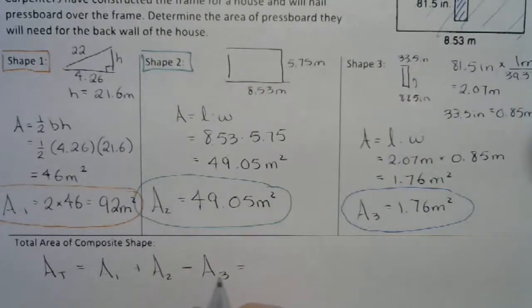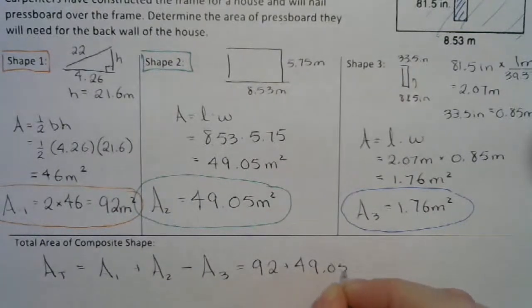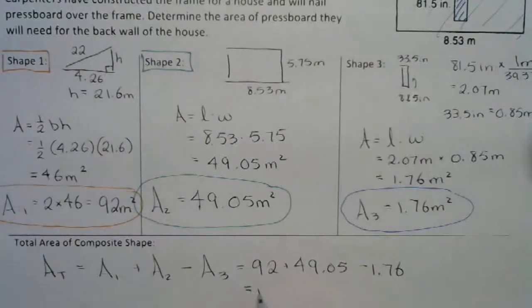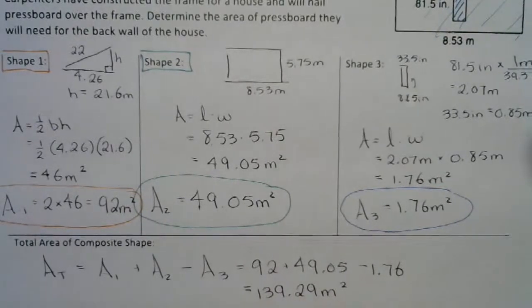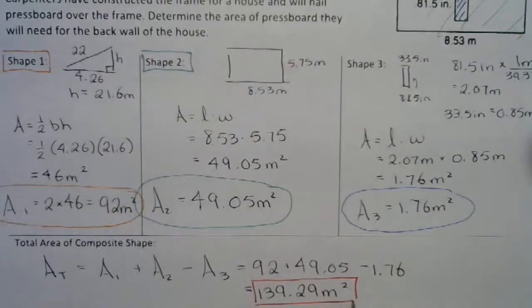We want to get rid of the area of the door. We don't need pressboard for it. It's going to be 92 plus 49.05 minus the 1.76, which equals 139.29 meters squared. So that would be my total area for the pressboard I would need.